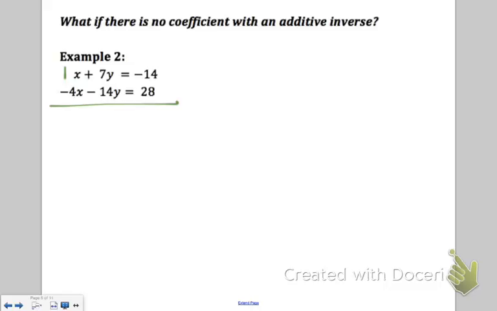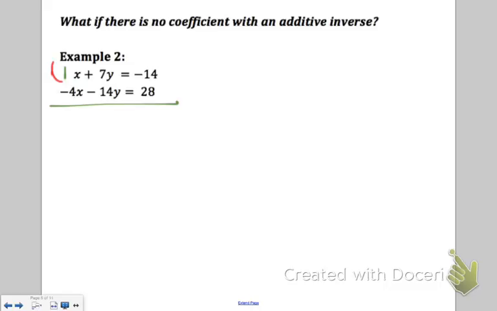So if I wanted to cancel out the x's, one of these would have to be a +4x, while the other is a -4x. So if I wanted to cancel out the x's, I could multiply every single term in the first equation by a +4.